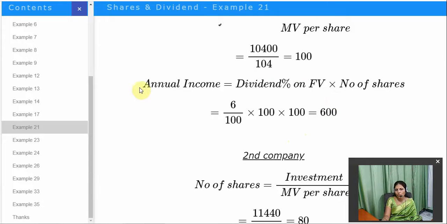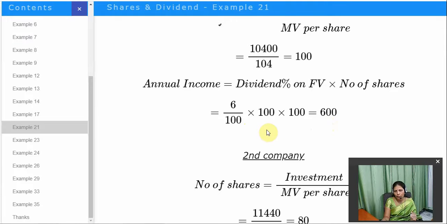Annual income is equal to dividend percentage on face value into number of shares. Dividend percentage is 6%, face value is 100, number of shares is 100. Just substitute, calculate, you get 600. So the annual income from the first company is 600 rupees.